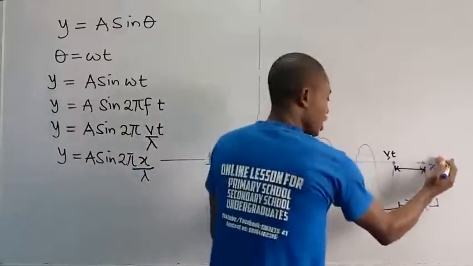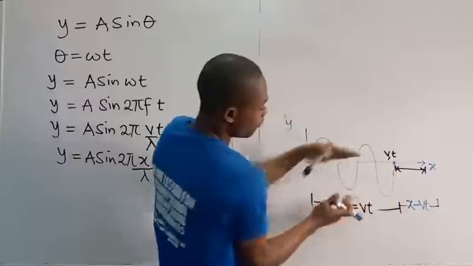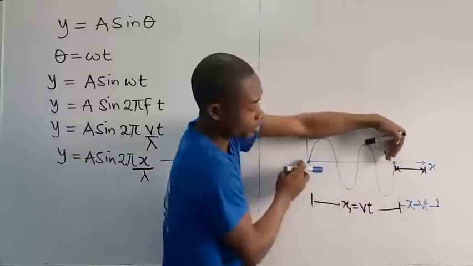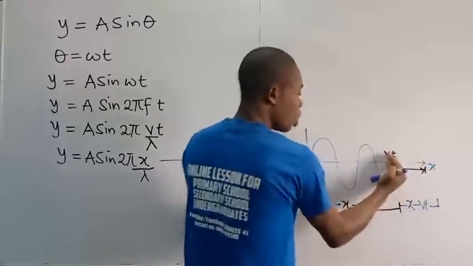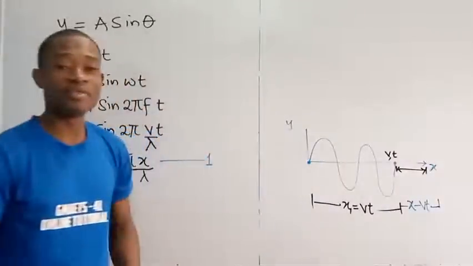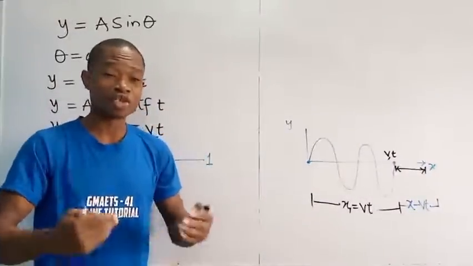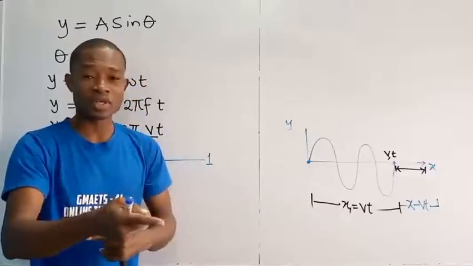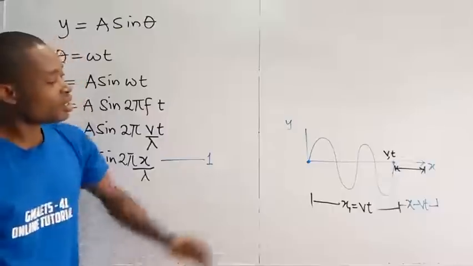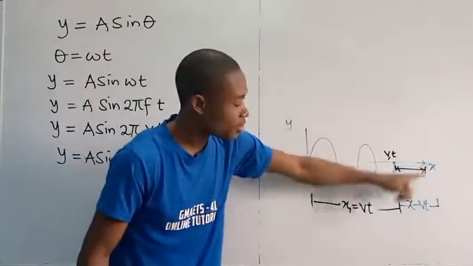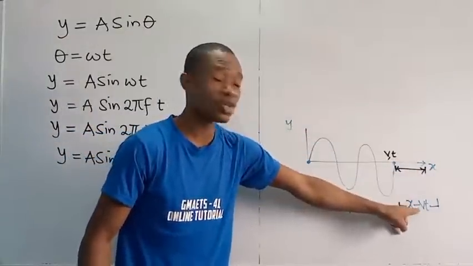You have the total distance x, out of which you've gotten the value from here to this point. So the remaining distance is going to be the total distance, remove the one that has been covered. So what is left would now be the remaining distance that the wave has to travel to complete that total distance. So what have we been able to establish here? Respecting the remaining distance, we have the formula to be total distance minus what? Vt.